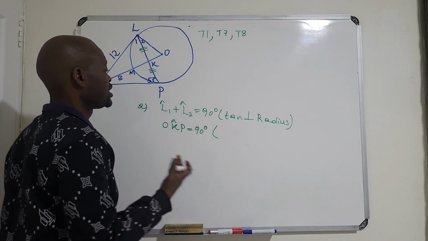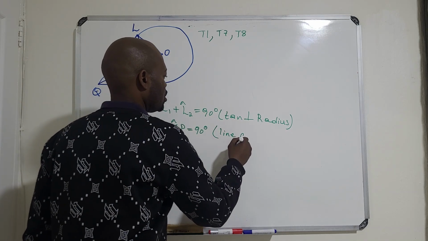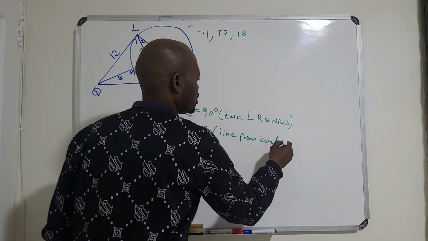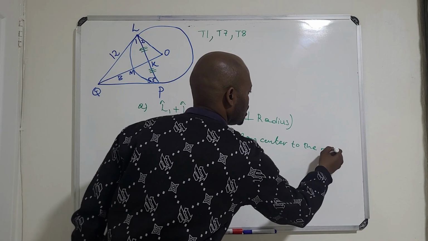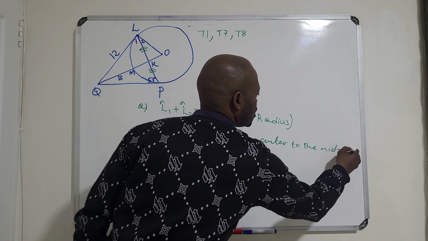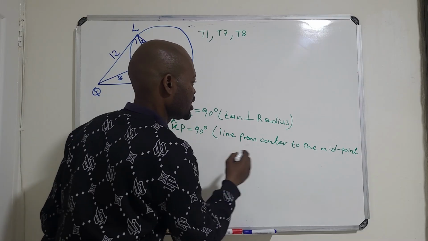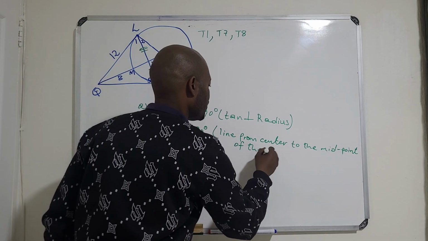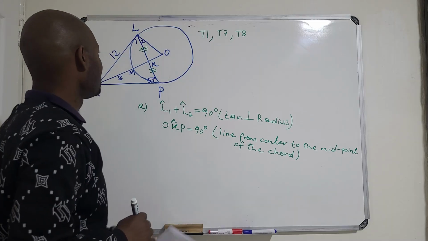Because we've just said it, theorem number 1, line from center to the midpoint of the chord.